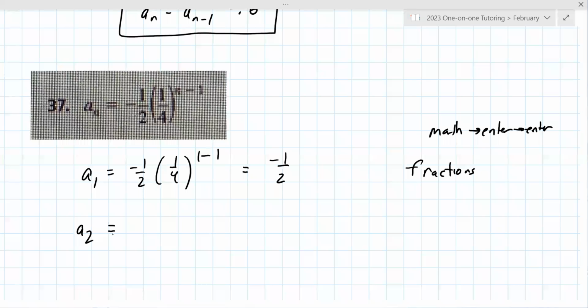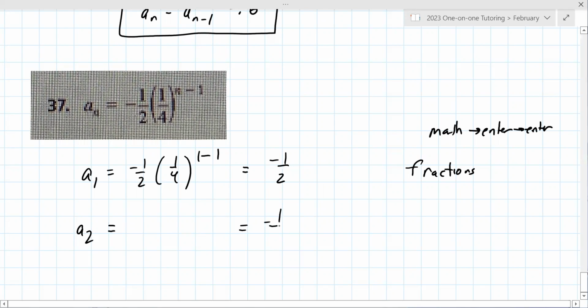I got negative 0.125, but as a fraction, it's negative 1/4. Yes, that is correct. Okay, and will you go ahead and do one more for us, please, and give me the fraction this time.